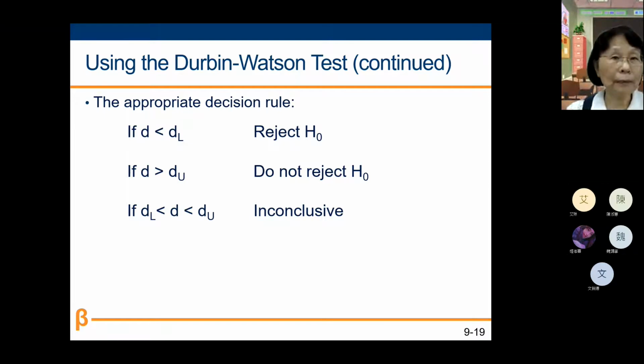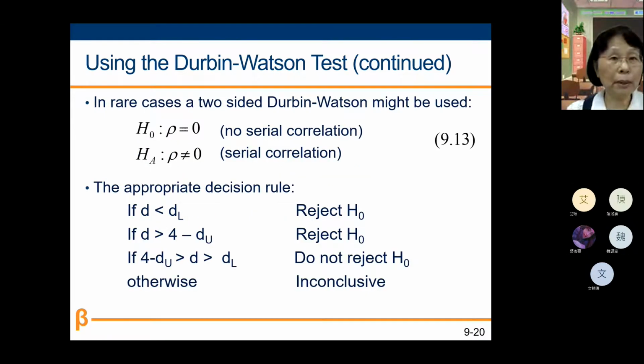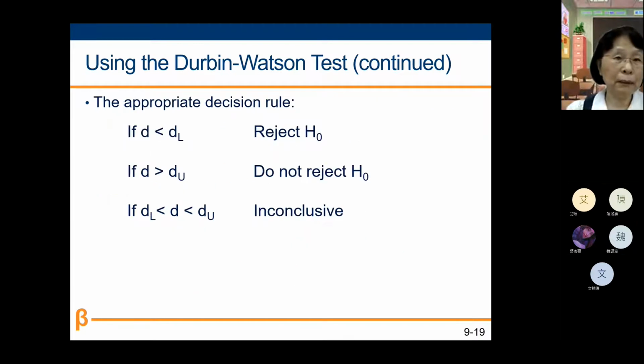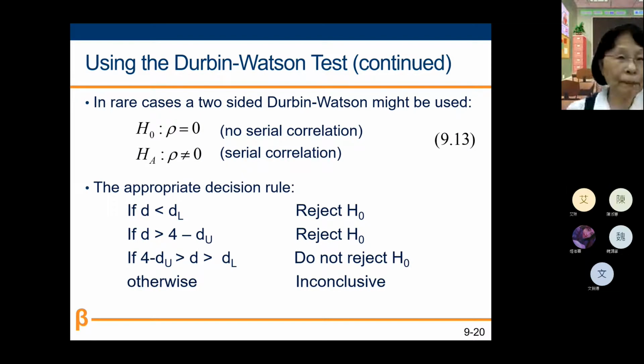Okay, and up to this point, in our textbook it's also mentioned those rare cases if we do the two-sided Durbin-Watson test. I think this is just for your reference. Most of the situations, we don't do it this way, okay?